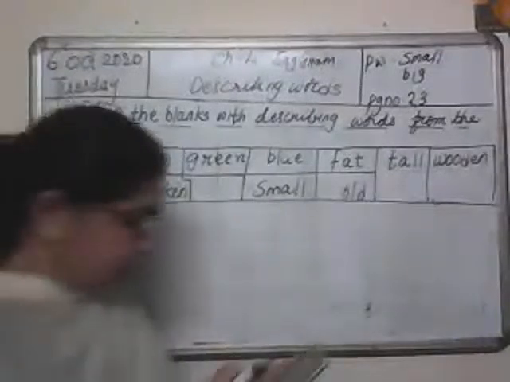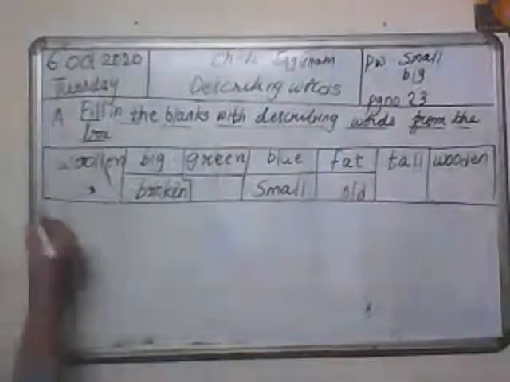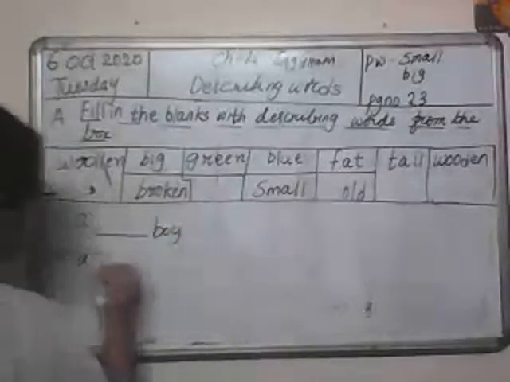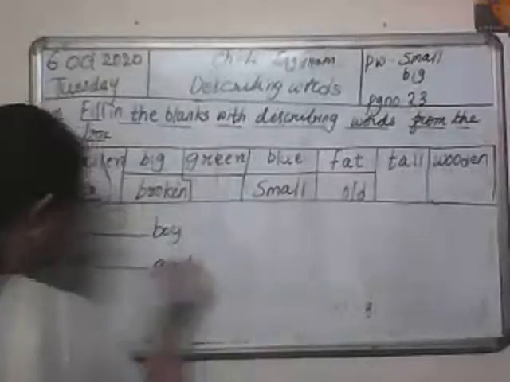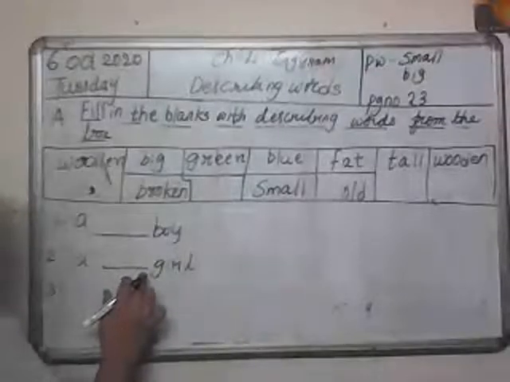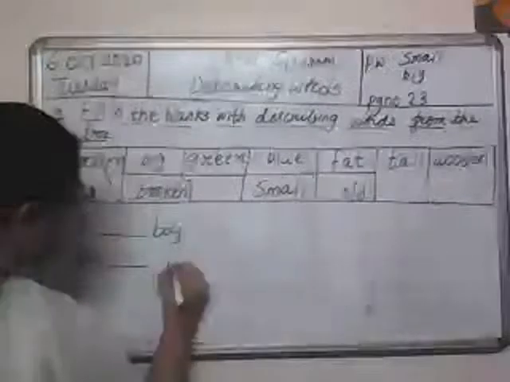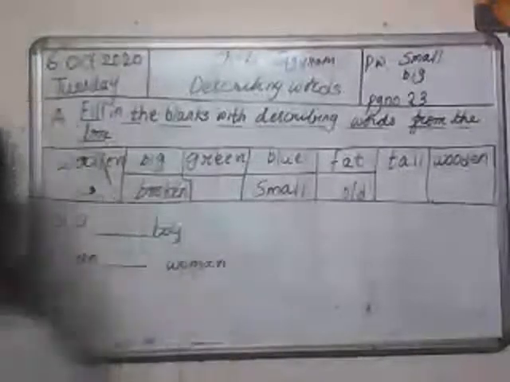And how many are there? 10. Hi Pranay, welcome. Number 1, a dash boy. Number 2, a dash and dash woman.